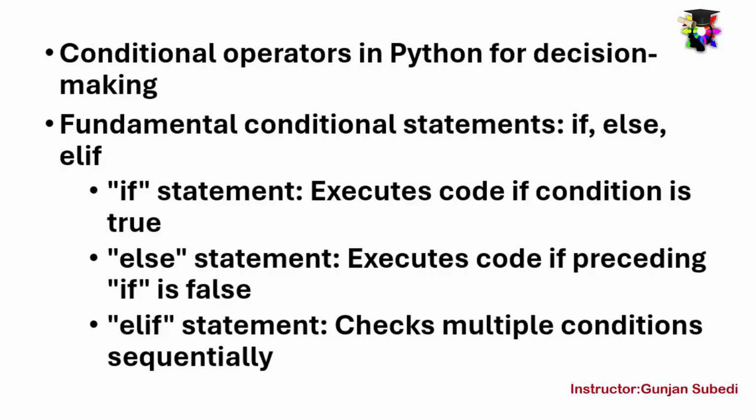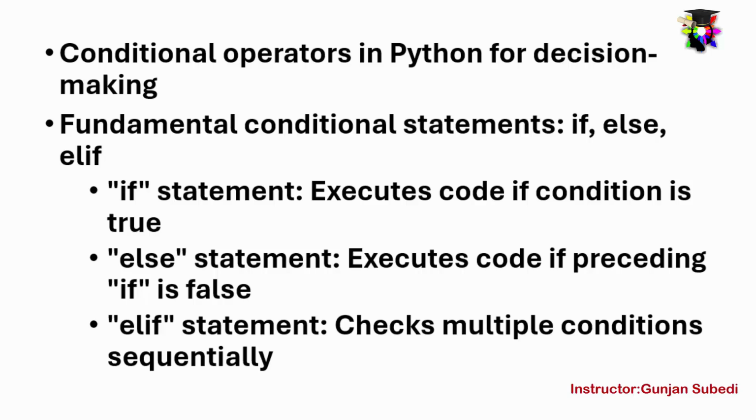Conditional operators in Python are used to make decisions based on certain conditions. They allow you to control the flow of your program by executing different blocks of code depending on whether conditions are true or false. In Python, the most common conditional statements are if, else, and elif statements. The if statement is used to execute a block of code if a certain condition is true.